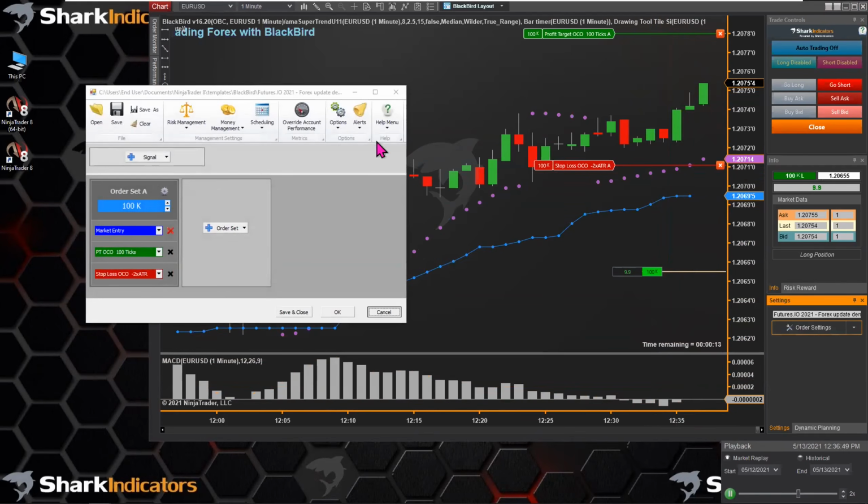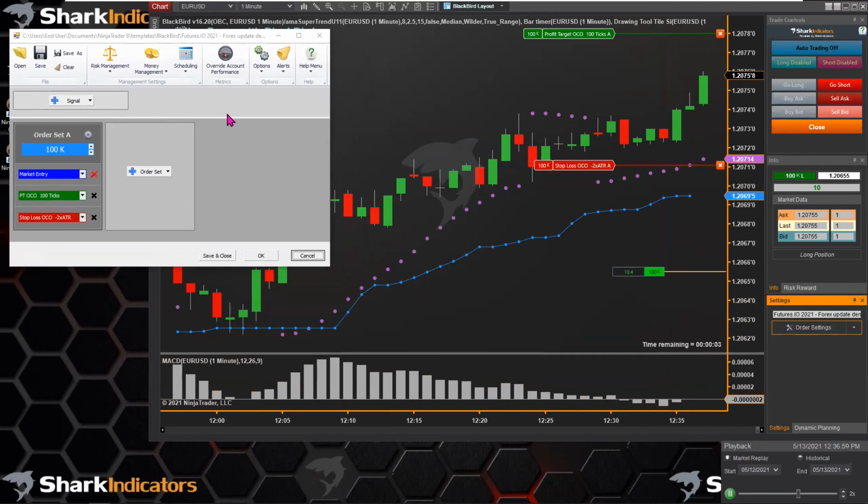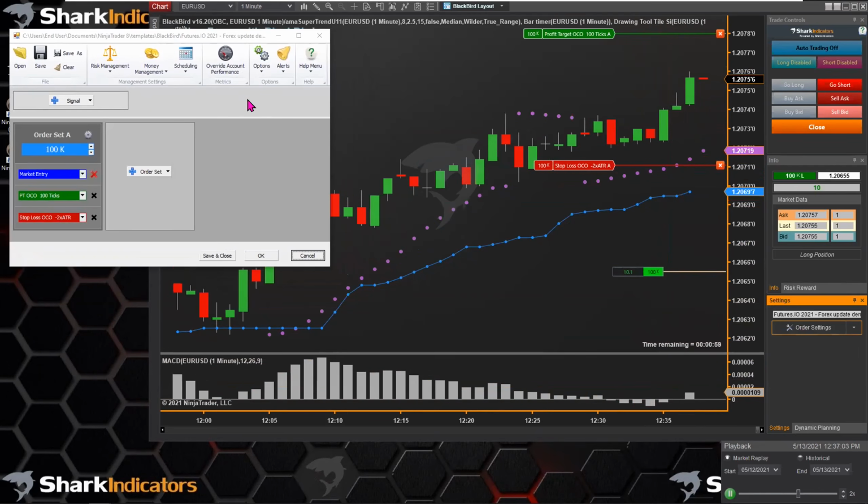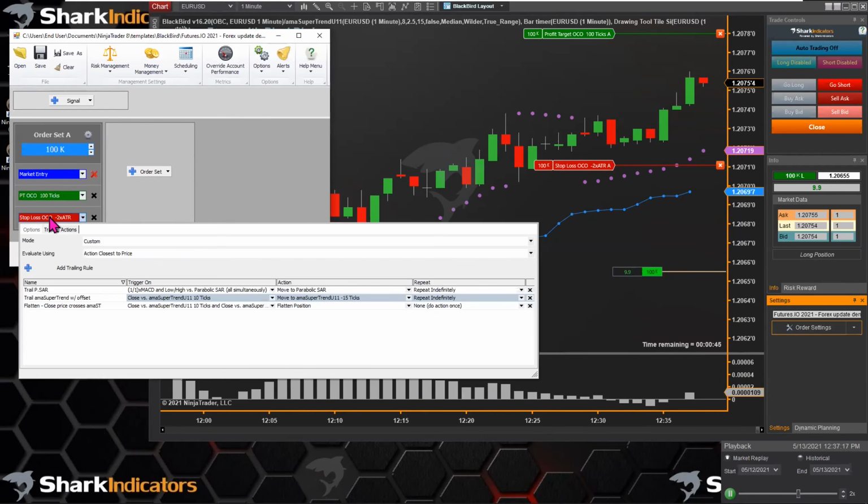So I'll just let that play out there and walk through some of the other capabilities that BlackBird has. So I guess, first let me just finish showing you guys the trailing rule capability here, the trailing rule panel. This may look a little complex at first, but really once you understand the concepts going on here, it becomes super simple to use.